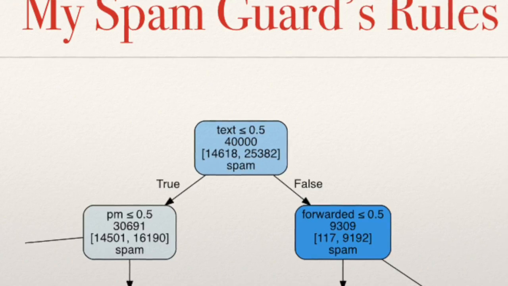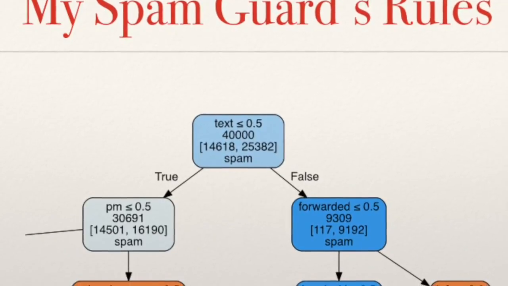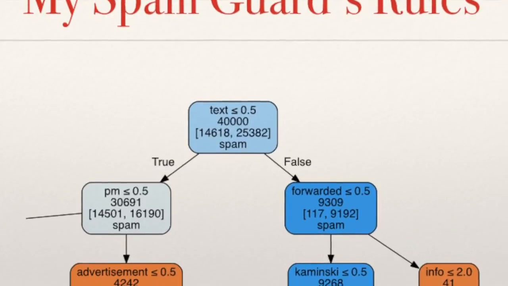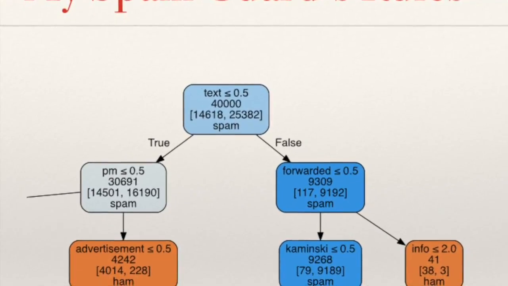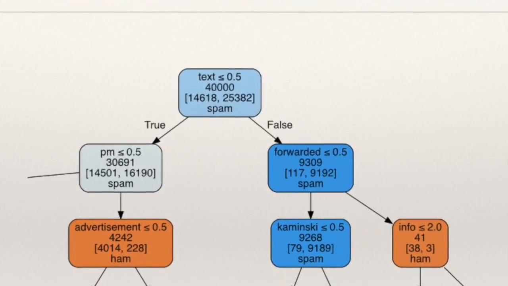At first, we consider if the text has the literal word "text", that is, whether it appears more than 0.5 times. That means whether it appears at all.